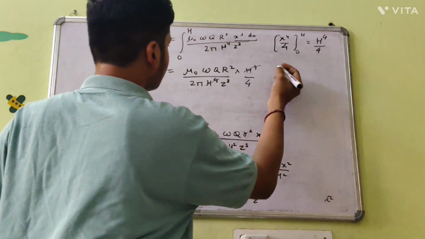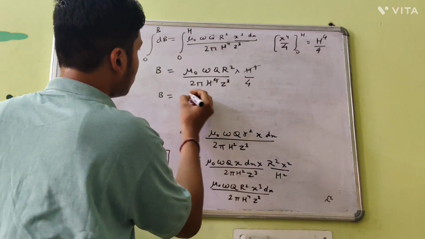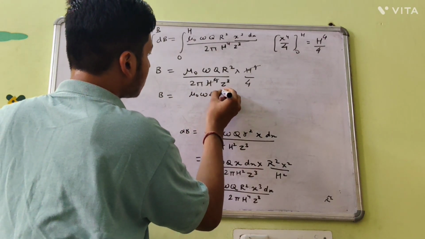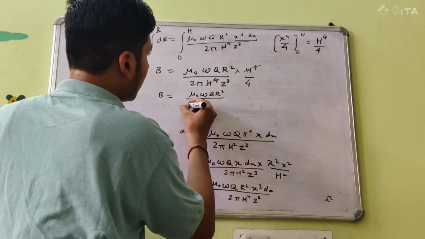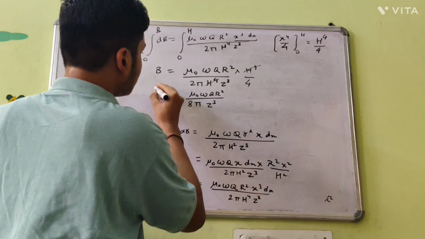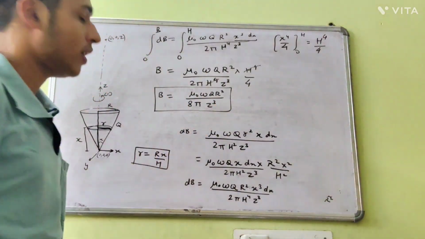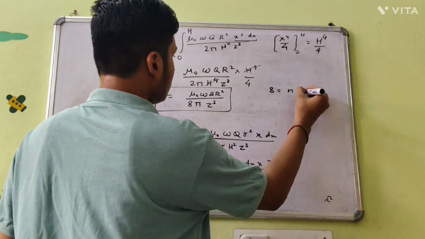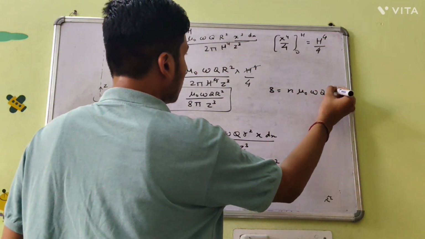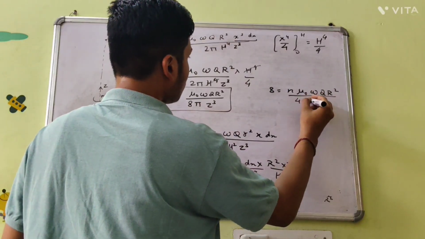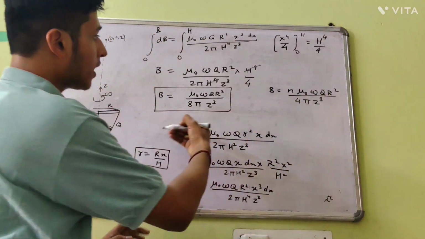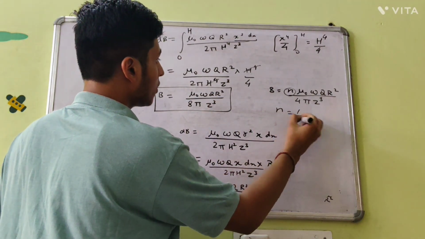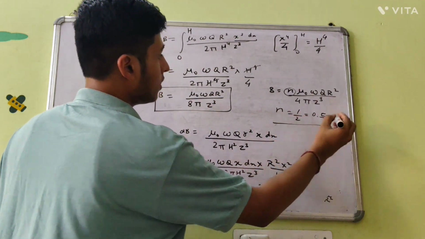This cancels out and we get B equals mu naught omega q R square by 8 pi z cube. In the question, it is given that the magnetic field can be expressed as n mu naught omega q R square over 4 pi z cube. By comparing these, we get n equals half or 0.5. This is the answer.